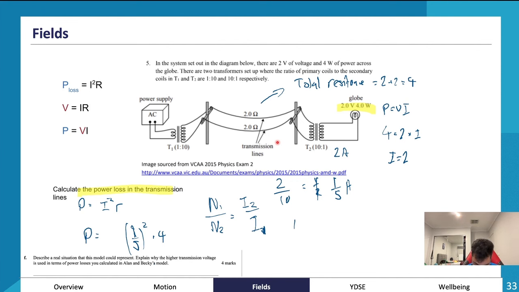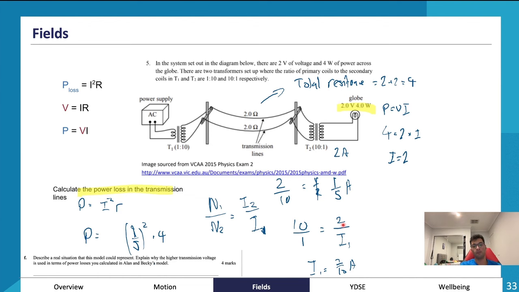So in this case, we take N1 as 10, N2 as 1, is equal to current I2. And solving for I1, the current I1 is equal to 2 divided by 10 amps.